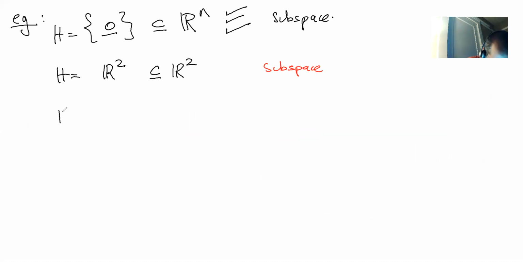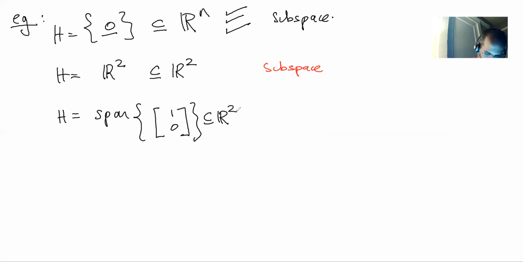Now let's look at a more interesting one. Let's look at the span of this vector. This is a subset of R2, and let's plot it. This is R2, and this subset H actually just looks like this.